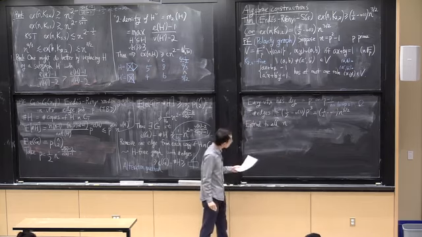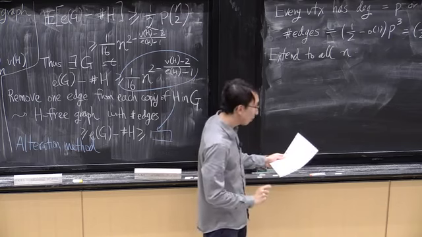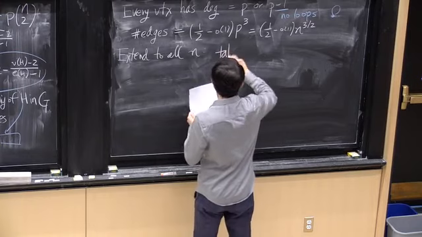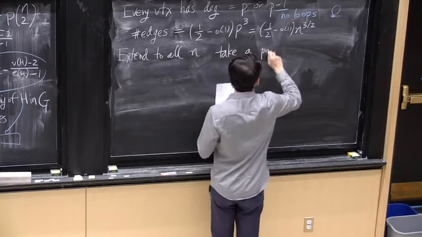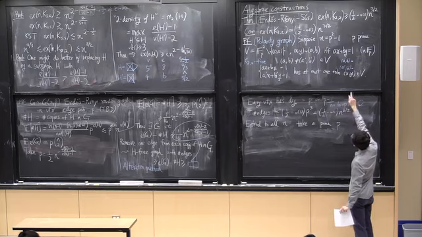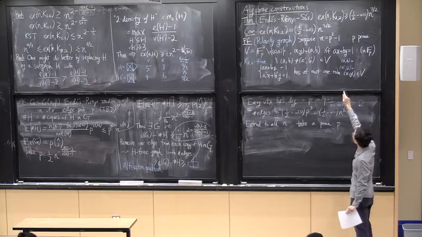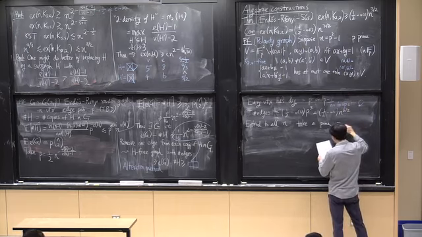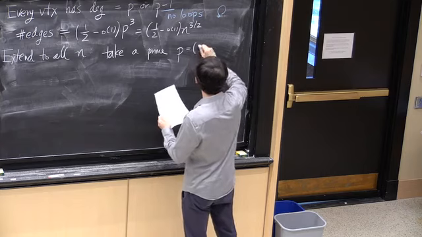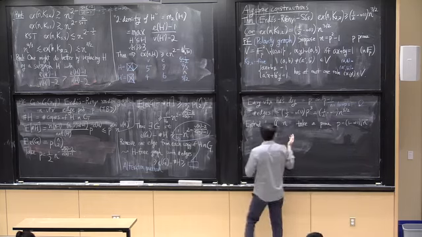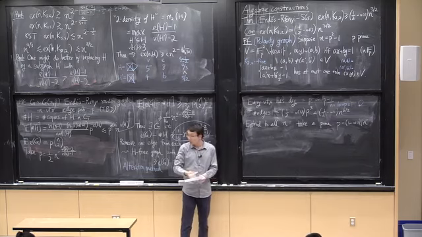If n doesn't have that form, then I can take a prime p that may not necessarily satisfy that equality exactly, but I can always take a prime pretty close to it. So I can always take a prime which gives, up to a negligible multiplicative error, what I want.